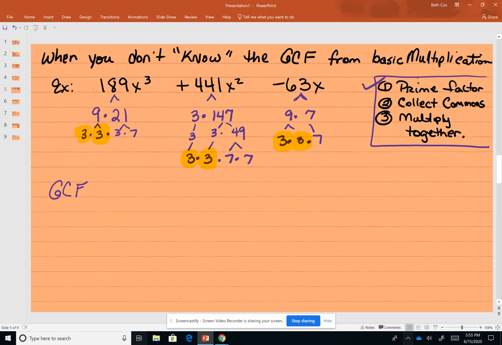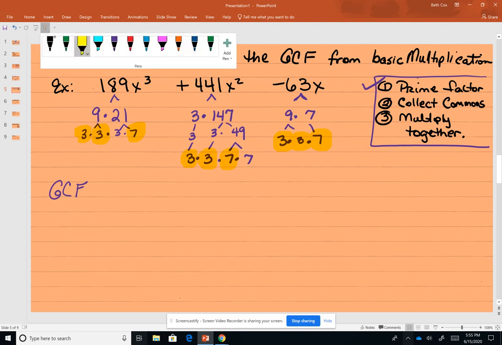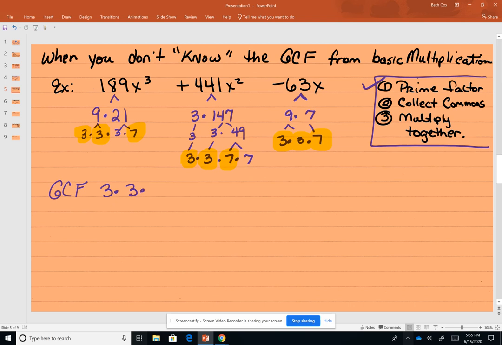Okay, and last but not least, keep looking. They've got 1, 7, 1, 7, 1, 7. Is that it? That's it. That's what's common. They each have 2 3s and a 7 in common.